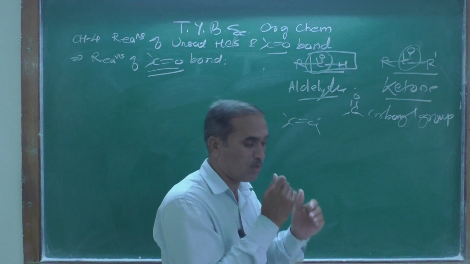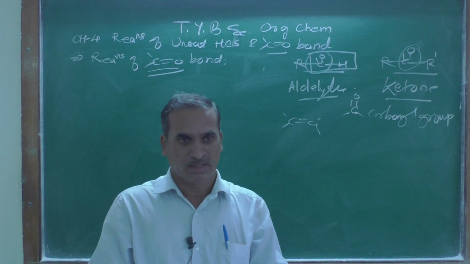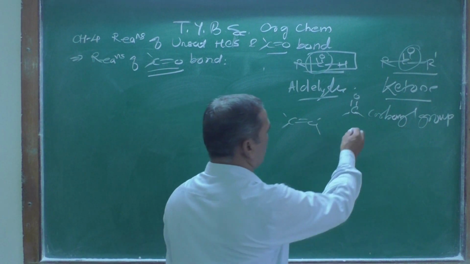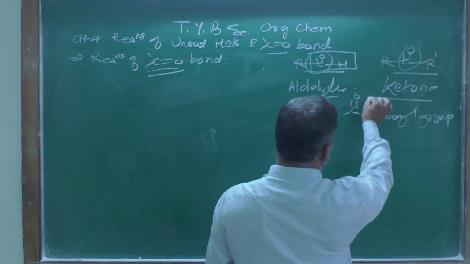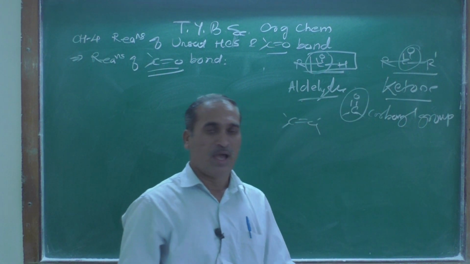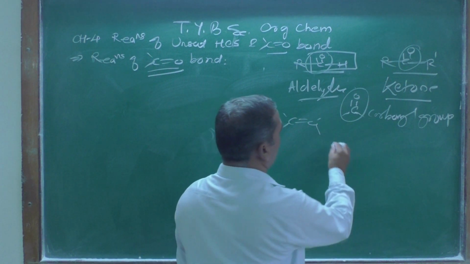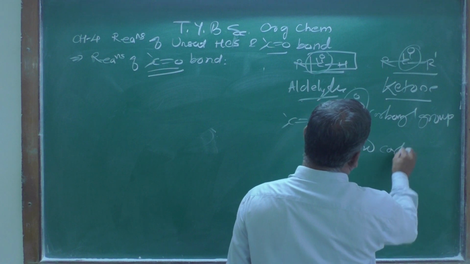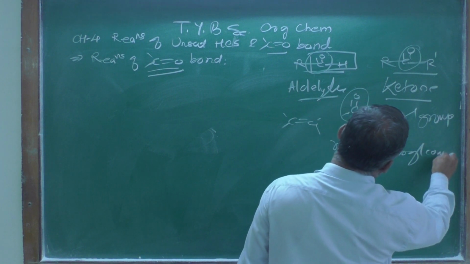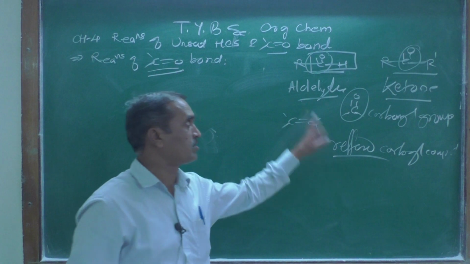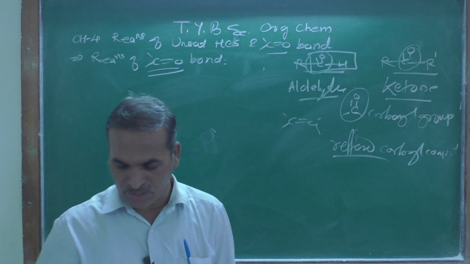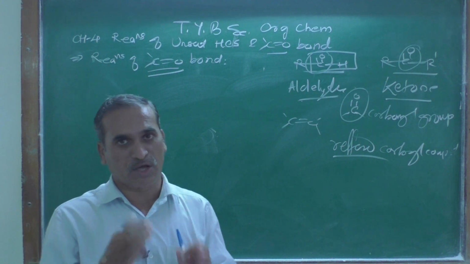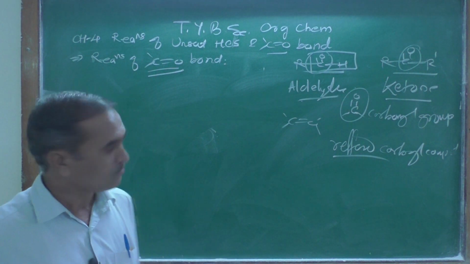The compounds present in organic chemistry with this group are known as carbonyl compounds. Most aldehydes and ketones show a common carbonyl group, and therefore they are referred to as carbonyl compounds, because both aldehyde and ketone contain this group.